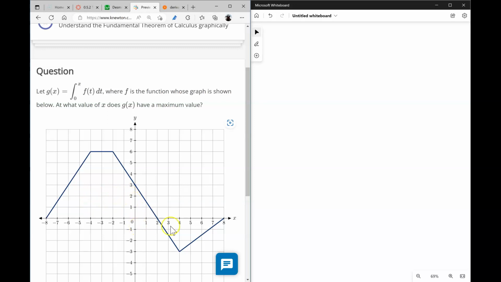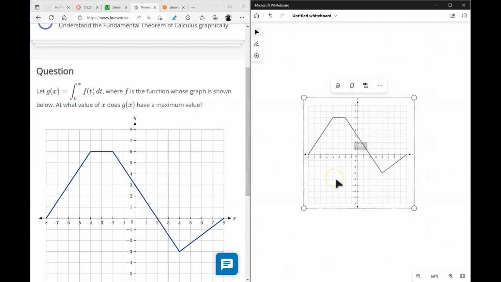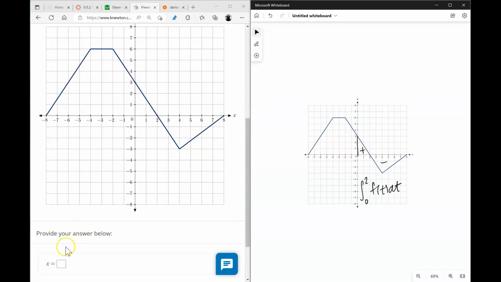If we integrate from 0 to the right, we have this positive area and this negative area. So if we start from 0, this is my only positive area, this is all negative area. So we're going to maximize the area if we integrate from 0 only to 2. That's how you can maximize the area. So I would say the answer is 2.